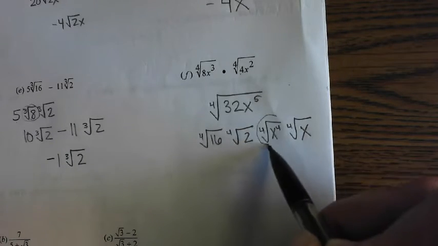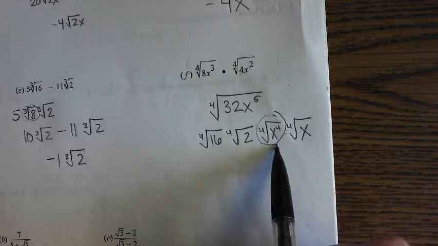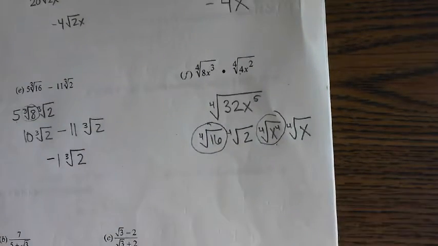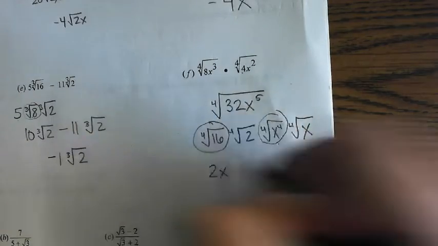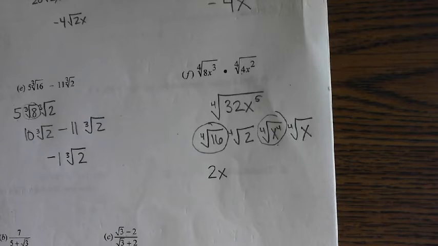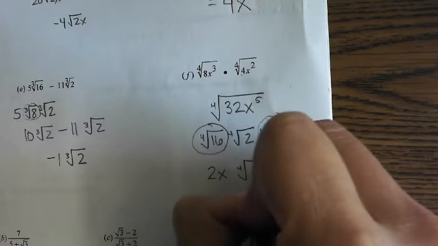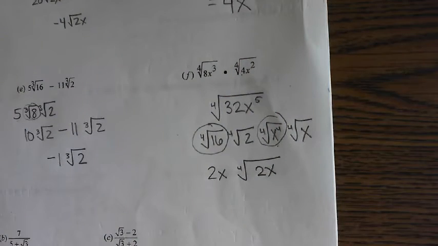But I did that because now I know the value of that is just x, and I know the value of that is just 2. So anything that I can actually take the radical of comes out in front as like a whole number, 2x. And then anything that I don't know the radical of still should be smaller, just stays kind of locked underneath the radical. So 2x and the 4th root of 2x. Any questions?